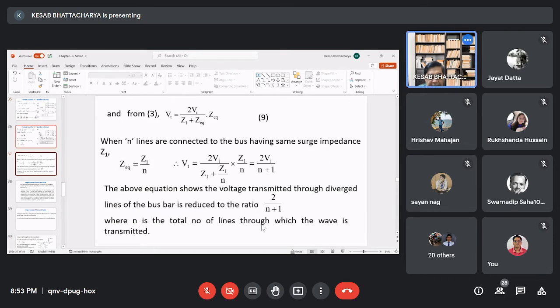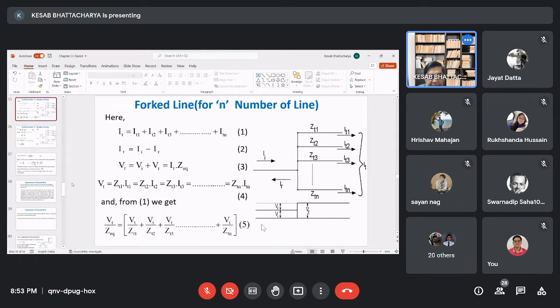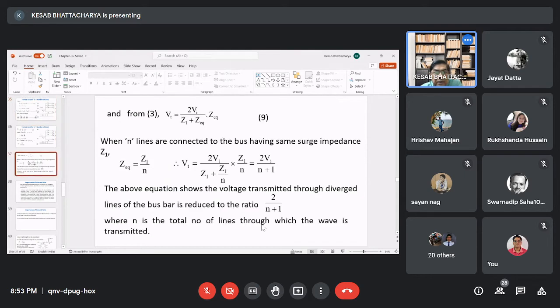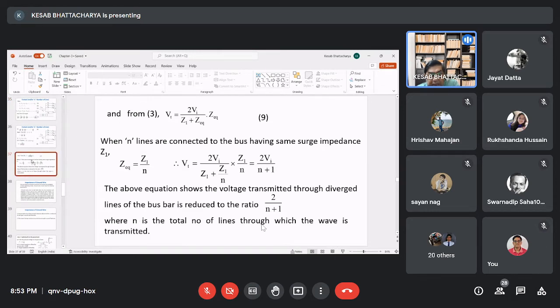From 3, what can we write? VT is equal to 2VI by Z1 plus Z equivalent, into Z equivalent. Can we write this from equation 3?